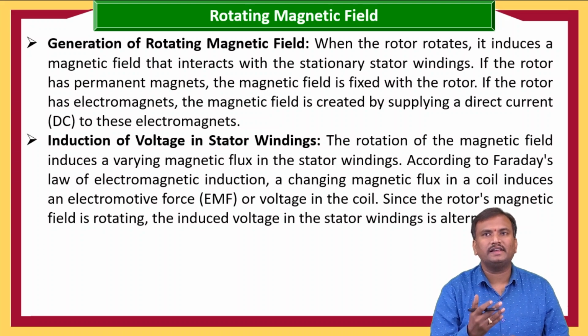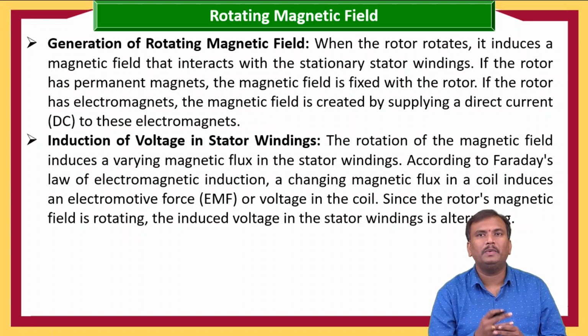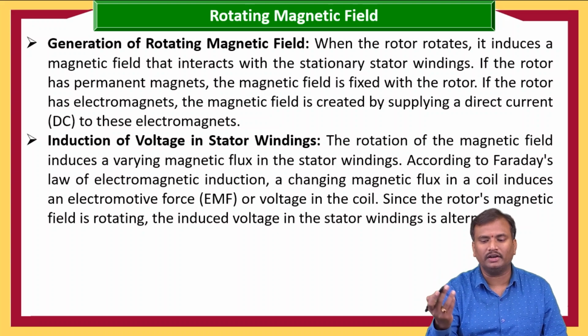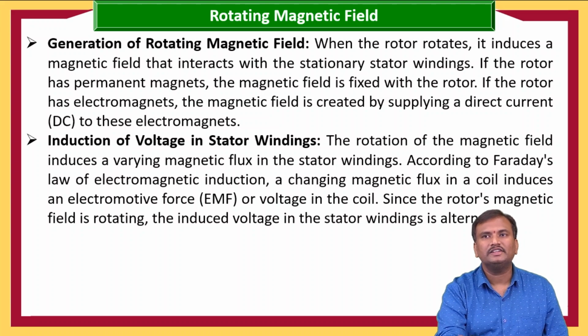If the rotor has an electromagnet, the magnetic field is created by supplying a direct current to this electromagnet. The three-phase windings generate three-phase flux. Because of that flux, the three-phase EMF is generated.